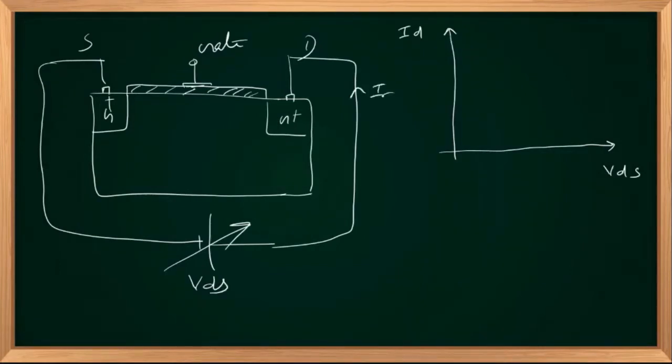Drain current ID. Both currents are same. Drain current entering the drain is same as the current leaving at source. It's a series path. No other circuitry present in the structure. Third terminal is gate. Gate current is ideally 0.